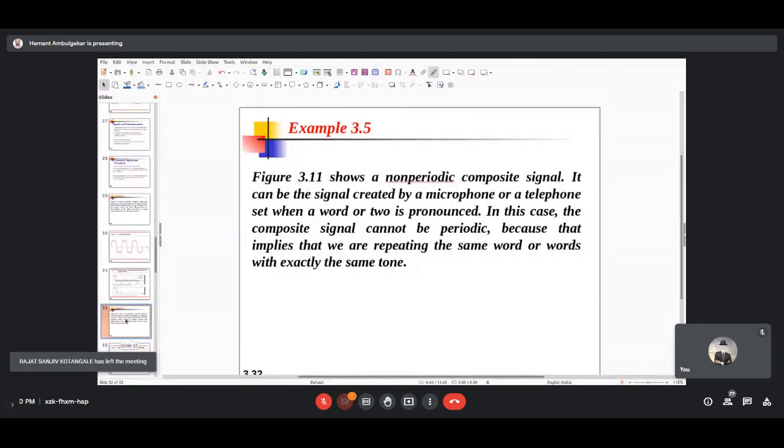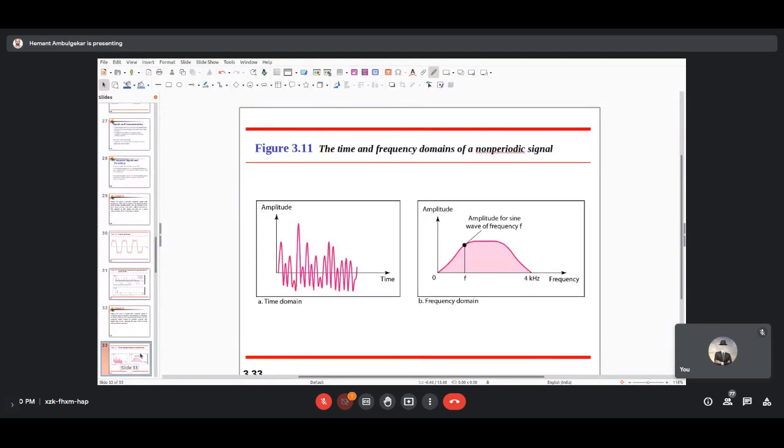Here is one more example, about a non-periodic composite signal. This non-periodic composite signal can be the result of communication using a microphone or telephone, right?